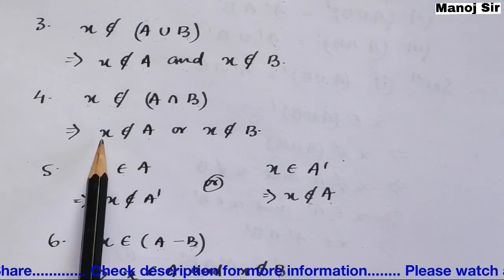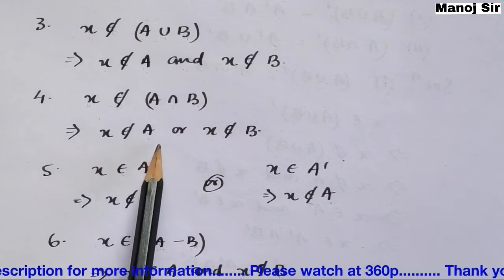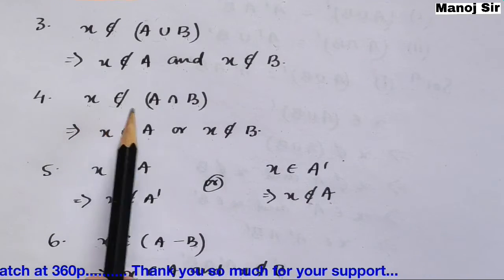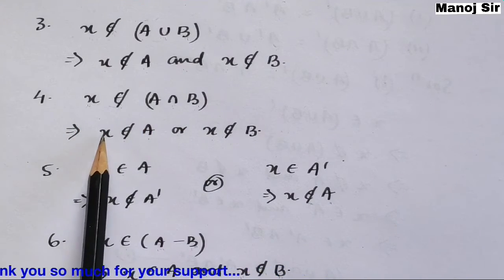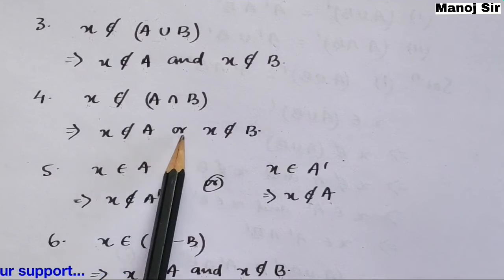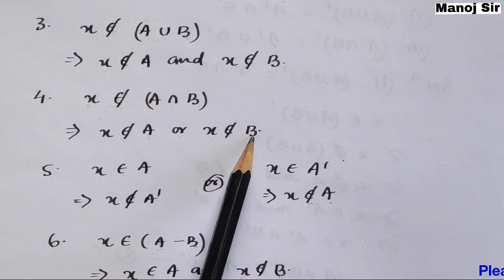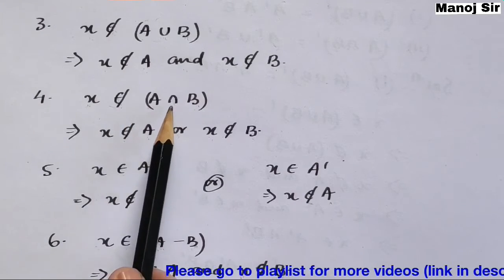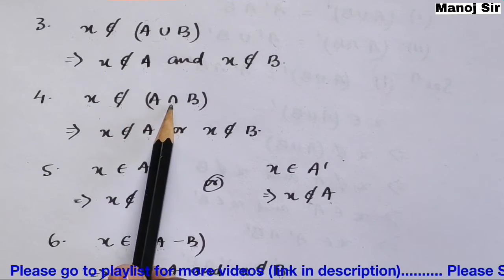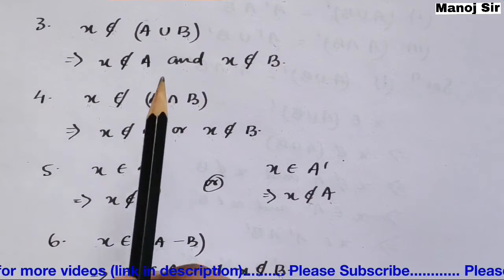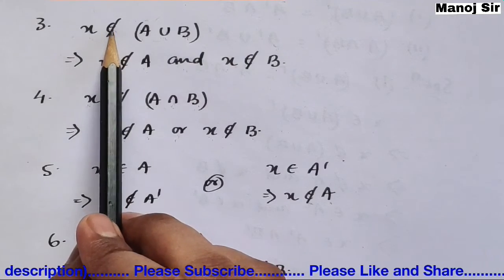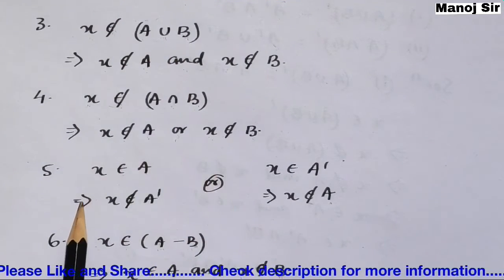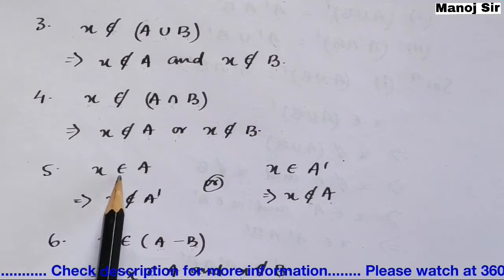That is, x does not belong to A or x does not belong to B. If it is the does not belong to case, the conjunction used for intersection will be or, and for union it will be and.